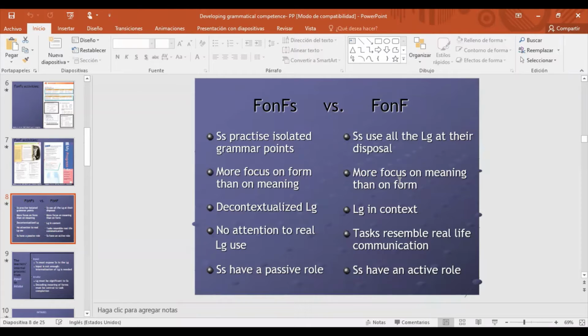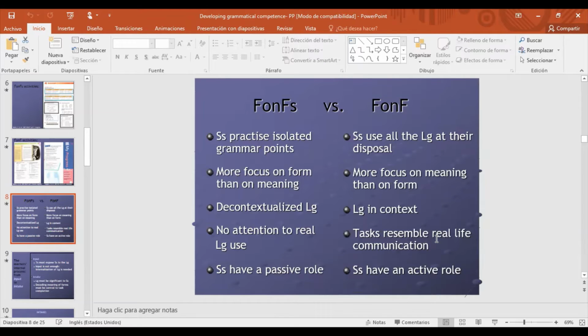Language is presented in context, and this gives the students the possibility of understanding not only form, but also meaning and use, which are important components if we want our students to be able to internalize and then use the target language. Tasks resemble real-life communication.